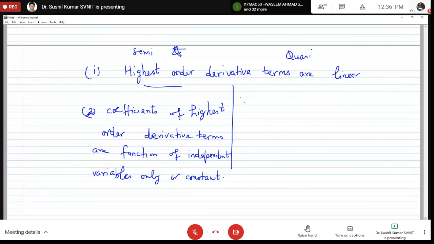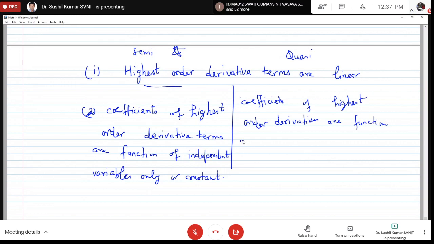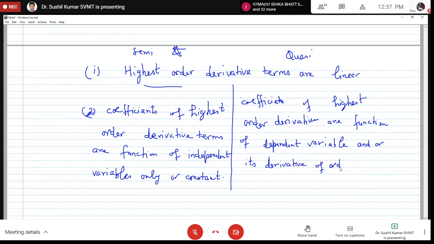And in case of Cauchy linear, same thing. Coefficients of highest order derivative are functions of dependent variable and or its derivative of order n minus 1.